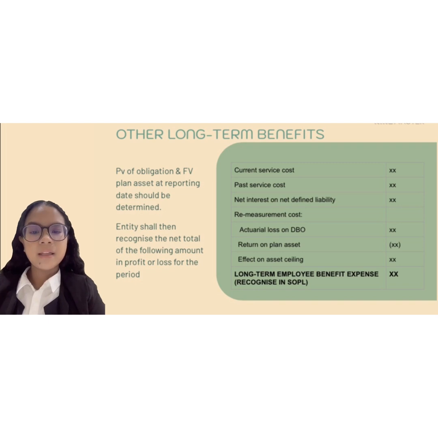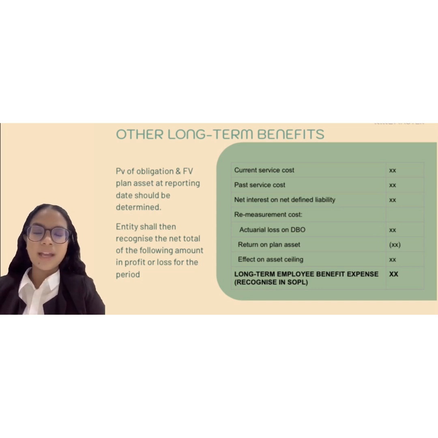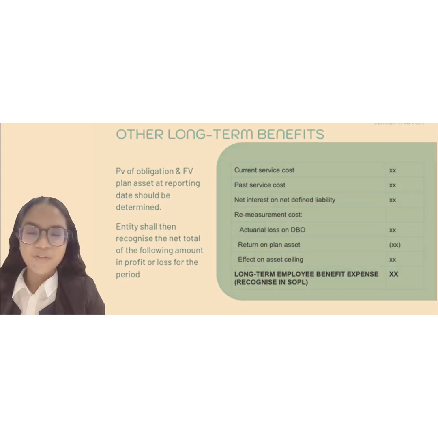In calculating other long-term benefits, present value of obligations and fair value of plan asset at reporting date should be determined, and it can be calculated by adding the current service cost together with the past service cost and net interest on net defined liability and remeasurement costs. The entity shall then recognize the net total of the following amount in profit or loss for the period.